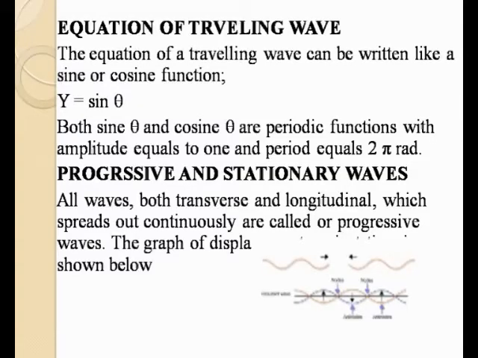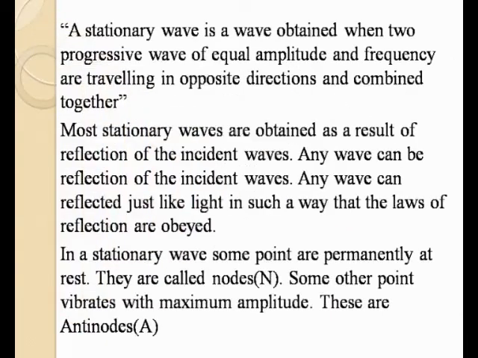Now from there, we'll proceed to progressive and stationary waves. All waves, both transverse and longitudinal, which spread out continuously, are called progressive waves. But a stationary wave is obtained when two progressive waves of equal magnitude and frequency travel in opposite directions and combine together.